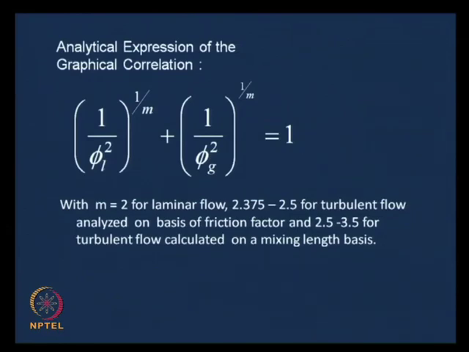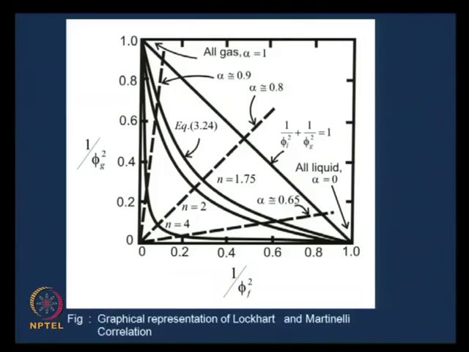Now, the problem of this correlation, as you can very well see, is that both phi L square and phi G square contain the two phase pressure gradient term. This is the unknown, the thing which you want to find out. So in the graphical expression, both the x and y axes contain the unknown parameter.